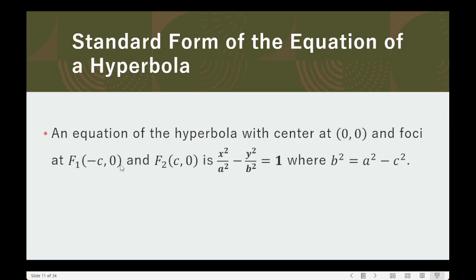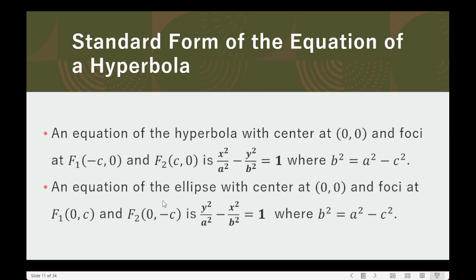An equation of the hyperbola with center at the origin and foci F sub 1 with coordinates (negative c, 0) and F sub 2 with coordinates (c, 0) is this equation: x squared over a squared minus y squared over b squared equals 1, where b squared equals c squared minus a squared.